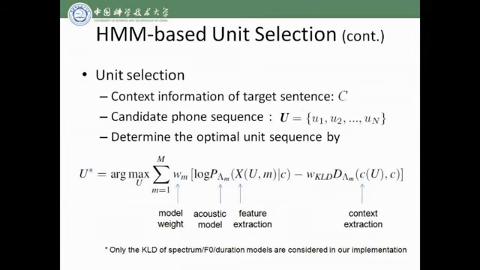And this slide shows the unit selection process. Here, assume the content information of the target sentence is C, and we have a candidate phone sequence U to synthesize this target sentence. Then, how to determine which unit sequence we should select? I think this equation is the criterion we used. It can be divided into two parts.